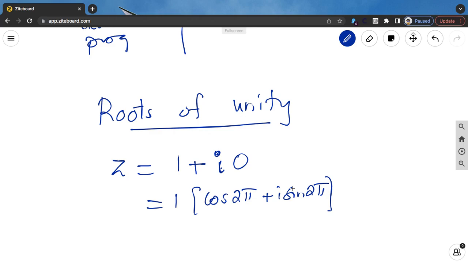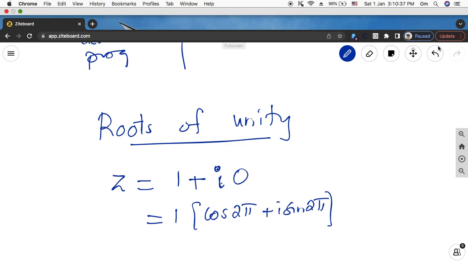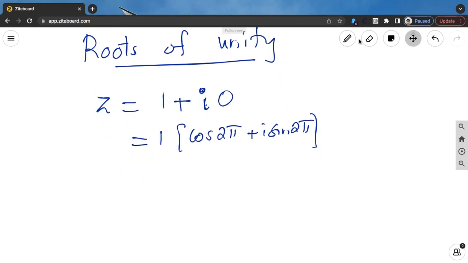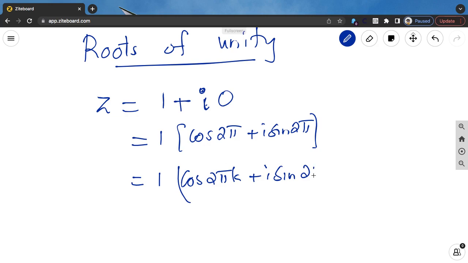Or can I write it as cos of 2 pi k plus i sine of 2 pi k, where k is a positive integer? That means cos of 2 pi, cos of 4 pi, cos of 6 pi, cos of 8 pi, and so on, are all 1, and sine of 2 pi, sine of 4 pi, sine of 6 pi, sine of 8 pi are all 0.